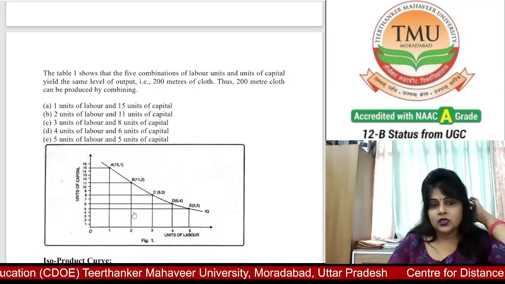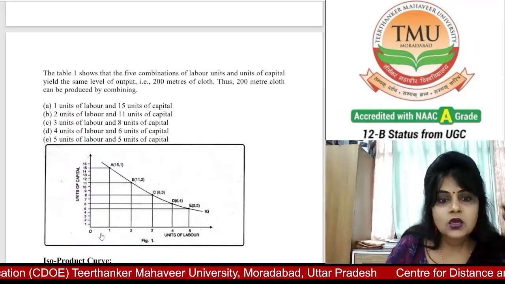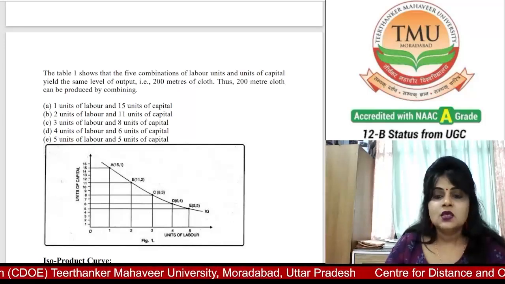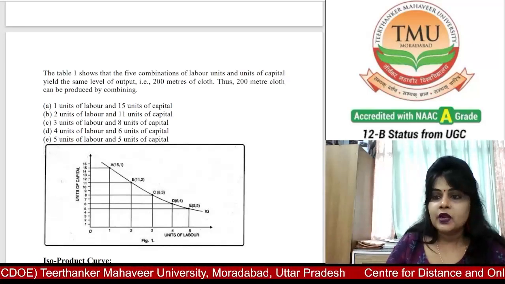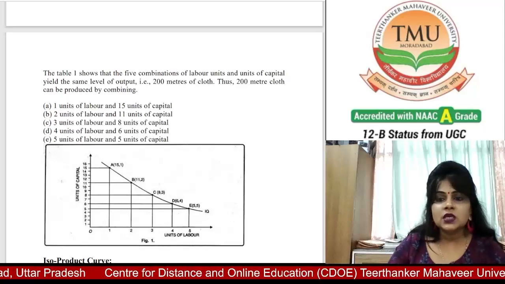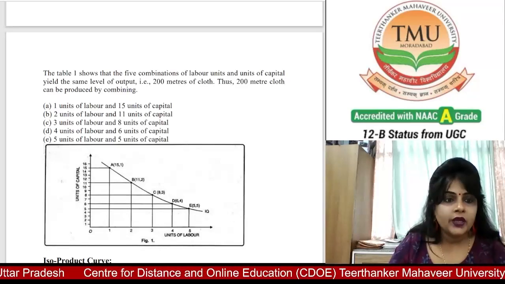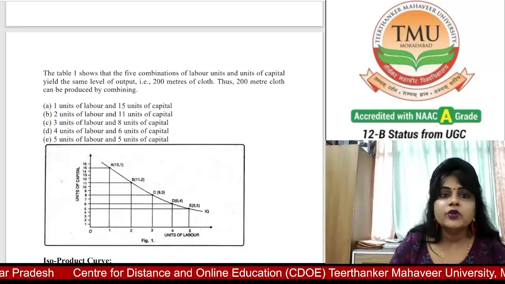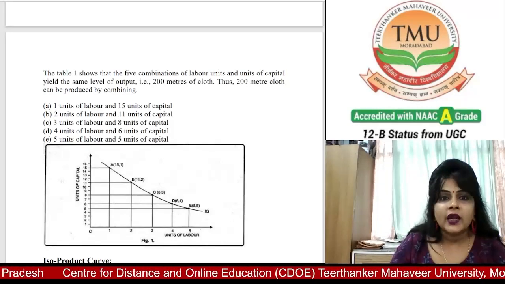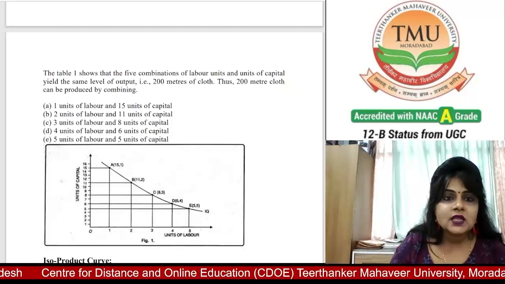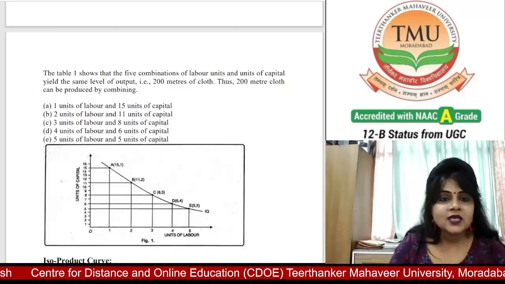You can see it in the graph. On the x-axis we take labor and on the y-axis we take capital. As you see in the figure, at point A, the producer used 1 unit of labor and 15 units of capital.